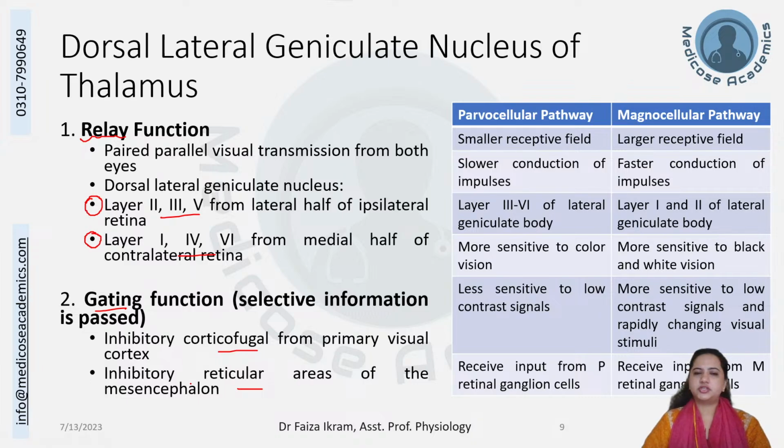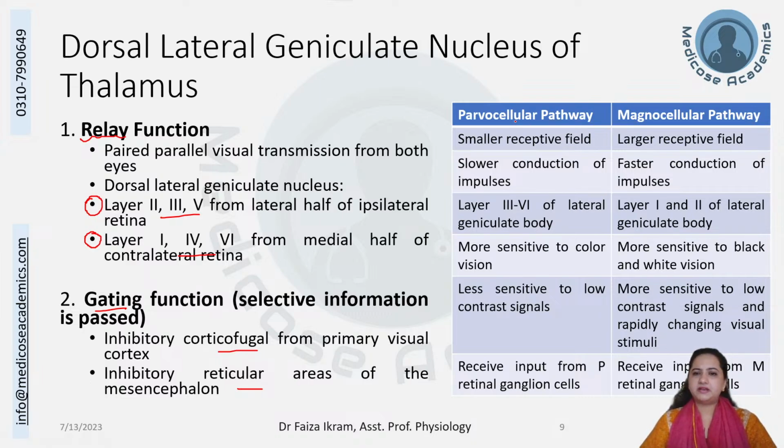As we saw the division of ganglion cells into parvocellular and magnocellular ganglion cells, this demarcation is maintained at the level of dorsal lateral geniculate nucleus of thalamus too. The parvocellular pathway and magnocellular pathway, starting from the ganglion cell to the thalamus to the visual cortex, this is maintained.